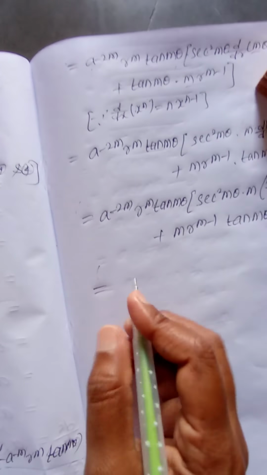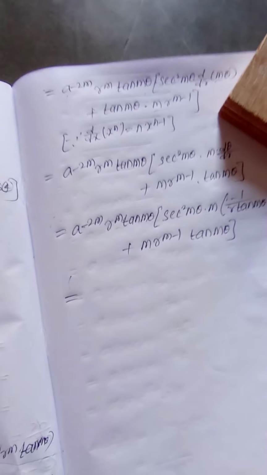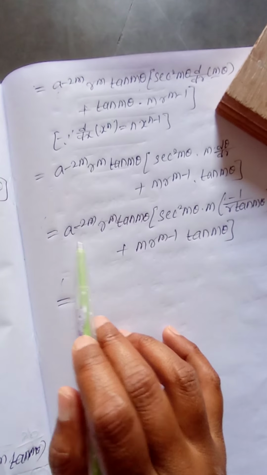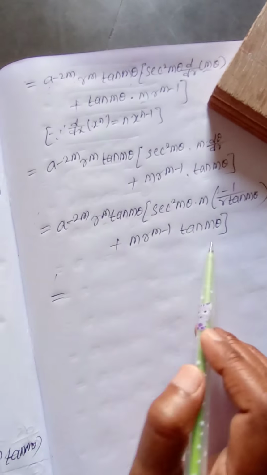Simplify this equation, that equal to: here multiply this term by the total term.